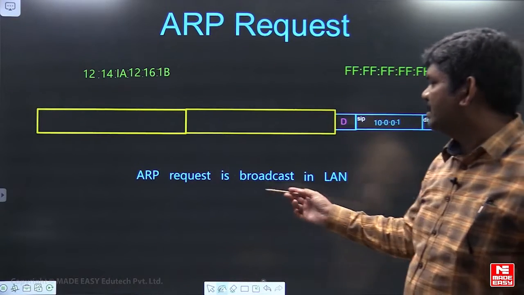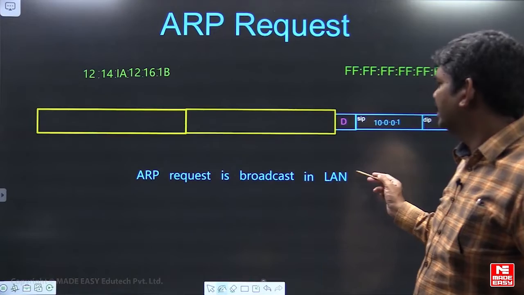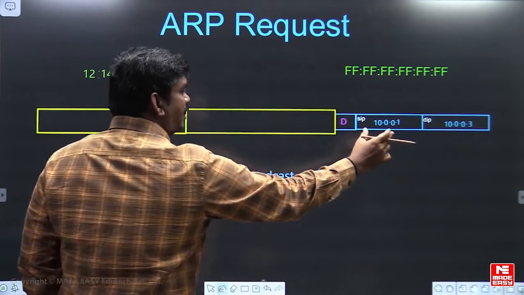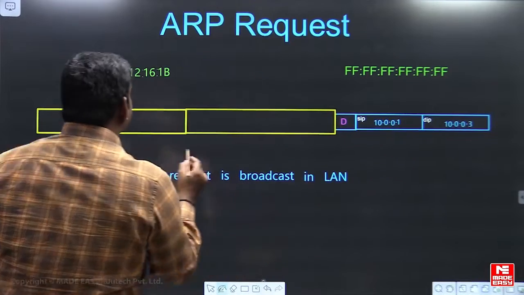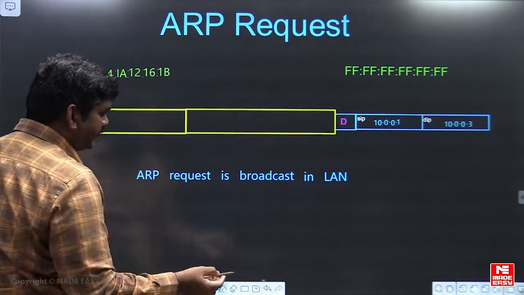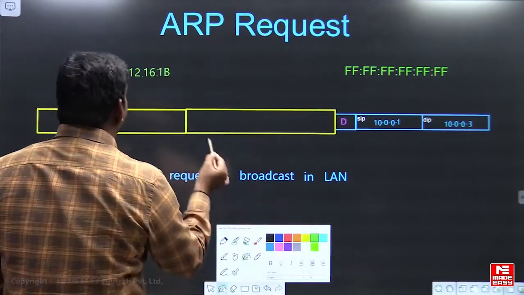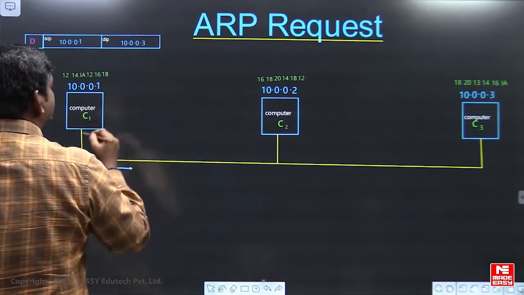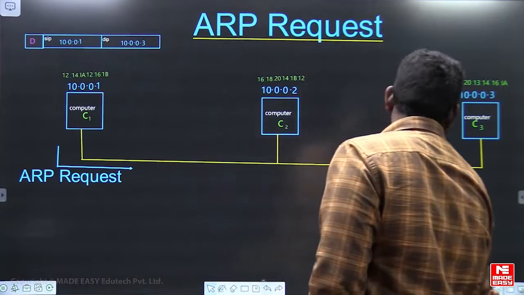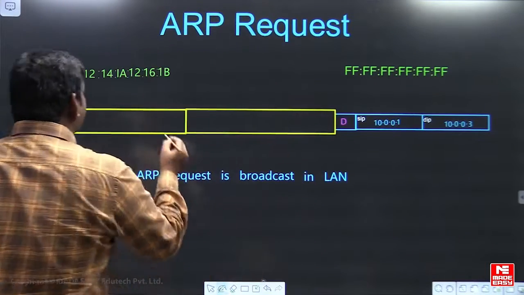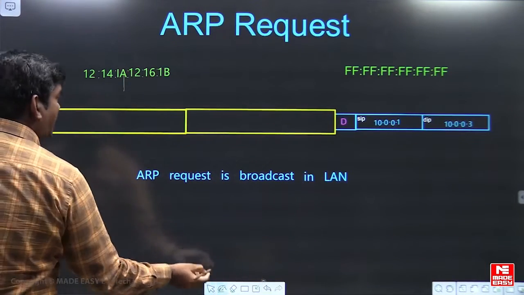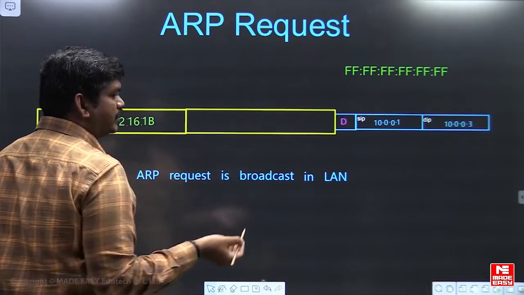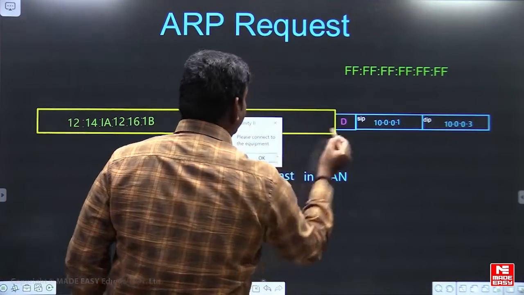So how is this ARP request broadcasted in the LAN? You can see this internal part is called the IP packet. To this IP packet, the data link header is attached. In the data link header, this is the source MAC address, and the destination MAC address you don't know.